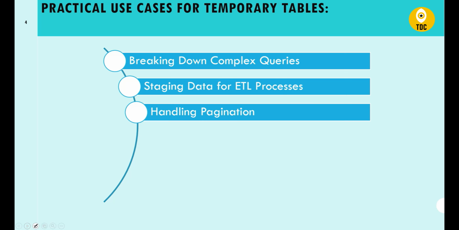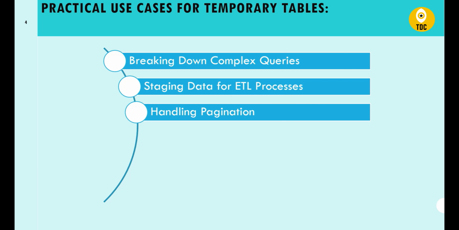Next is handling pagination. Pagination is nothing but having, say, 10 pages, each page having 100 rows. Temporary tables can be used to implement the concept of pagination for displaying large data sets.